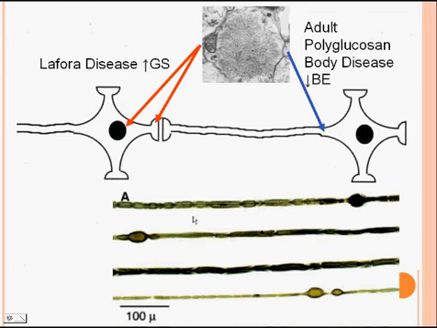This is a picture from adult polyglucosan body disease. These are nerve fibers taken from a patient from a biopsy. You see the long nerve fiber, and you see right inside it, there's these big polyglucosan bodies. And, you know, even a non-neurologist, non-pathologist can clearly see how these neurons will not be able to work because they're clogged by these polyglucosan accumulations.